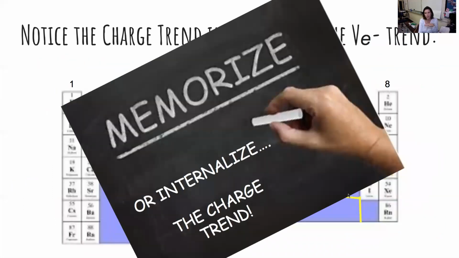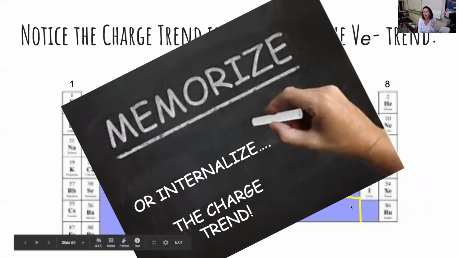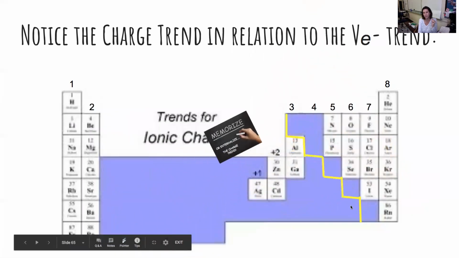Okay, so here's a nice way to cut through all of the work that it would take to draw that whole molecule out and show how everybody matches up perfectly. We can use this information that you need to memorize or internalize, and it's called the charge trend.